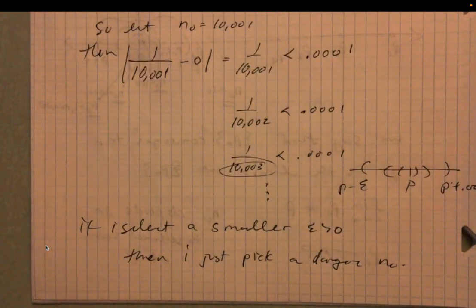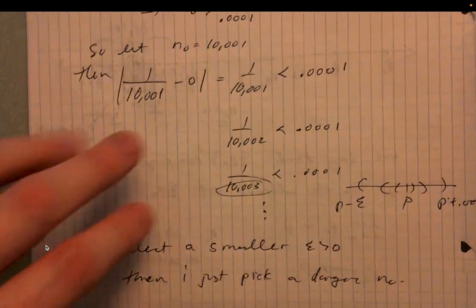I have to go further out in the sequence to be inside the epsilon neighborhood. The point is that no matter how small epsilon gets, I can always go out a certain distance on the sequence to find the first term that's inside the neighborhood, and then all of them beyond that will be in the neighborhood. Okay, very good. Hopefully that's clear.